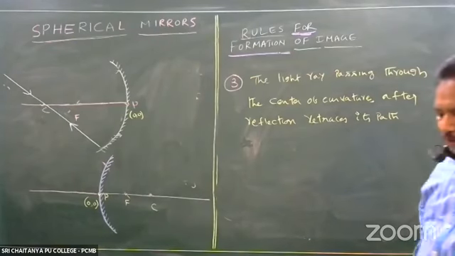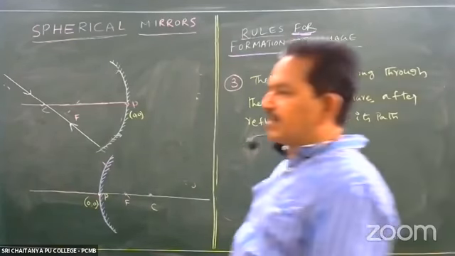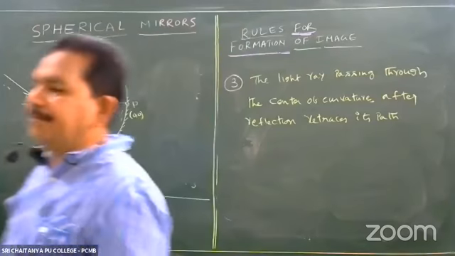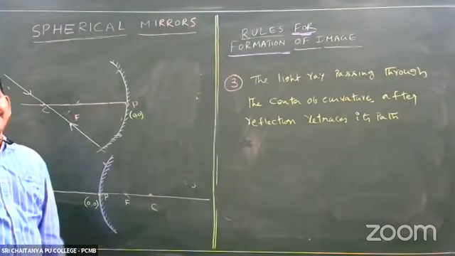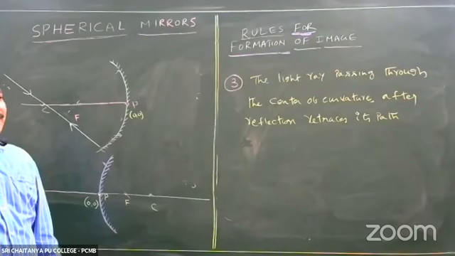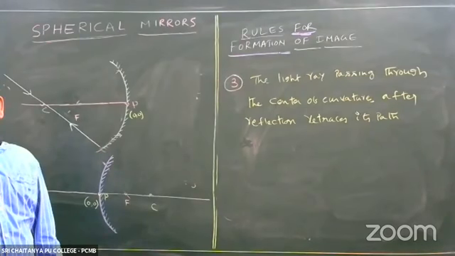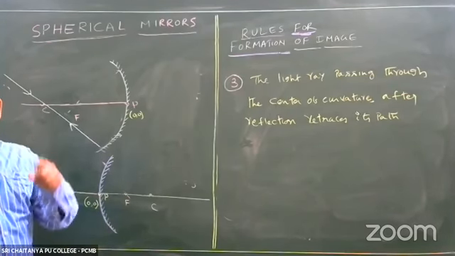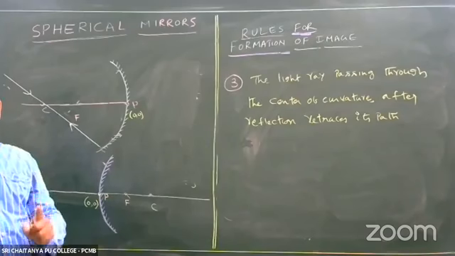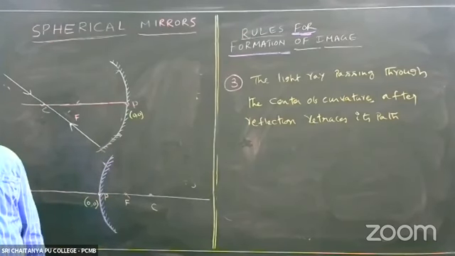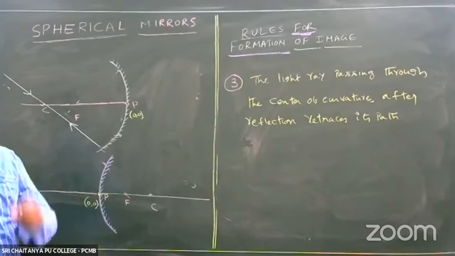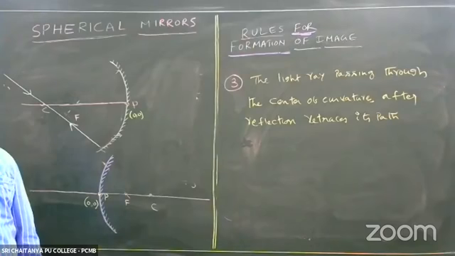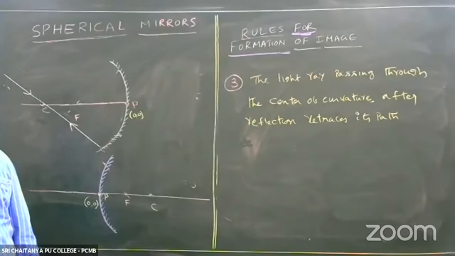Once go back to the plane mirror concepts. In plane mirror, we have studied normal incidence. Normal incidence means whenever the light ray falls normal to the plane mirror, it will be reflected back. So in case of plane mirror, normal means a light ray which makes an angle of 90 degrees.